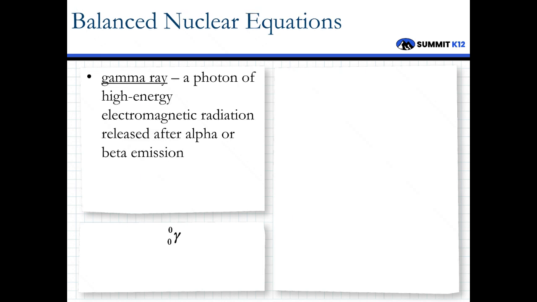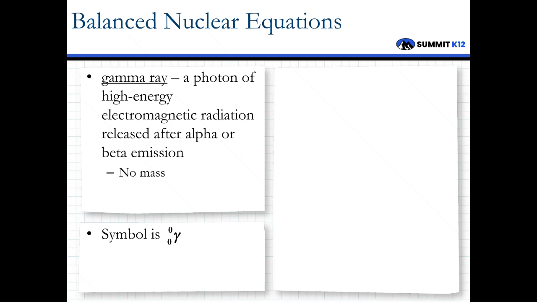So gamma radiation is not composed of subatomic particles like alpha and beta radiation, but instead of photons of electromagnetic radiation that is usually emitted after an alpha or a beta emission. Since gamma rays are pure energy, they have no mass and no charge.